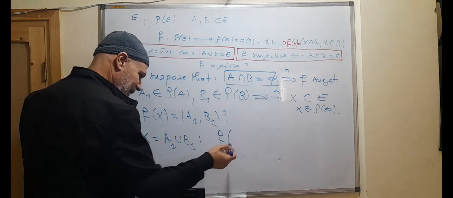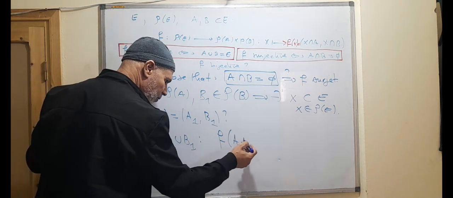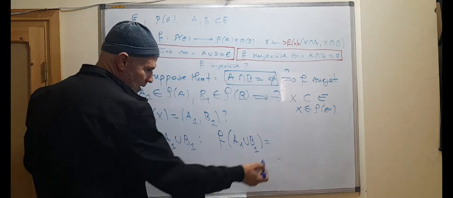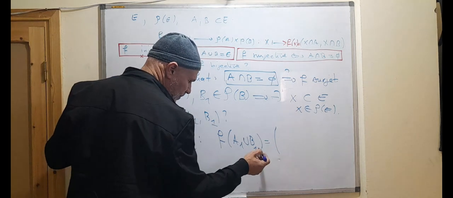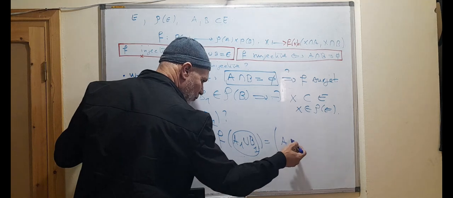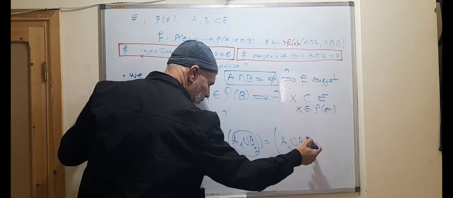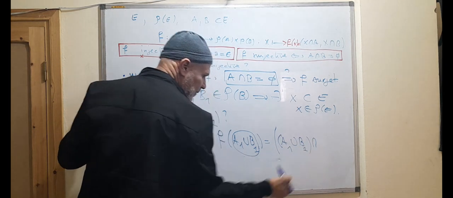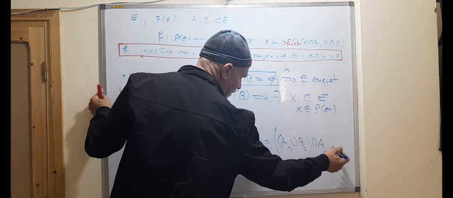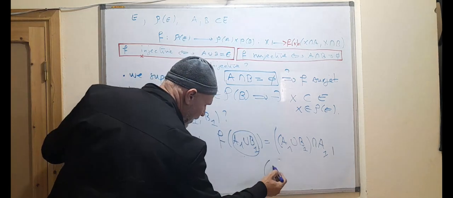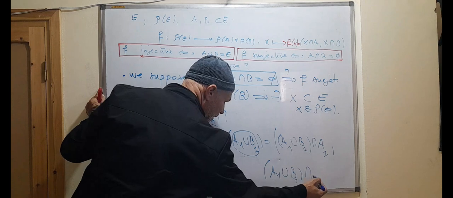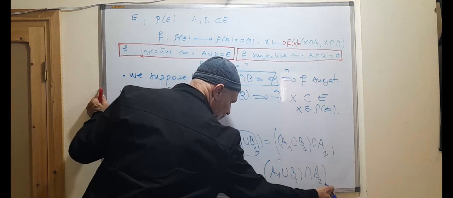Because F of X, which is equal to F of A1 union B1, is equal to A1 union B1 intersection A, and A1 union B1 intersection B.